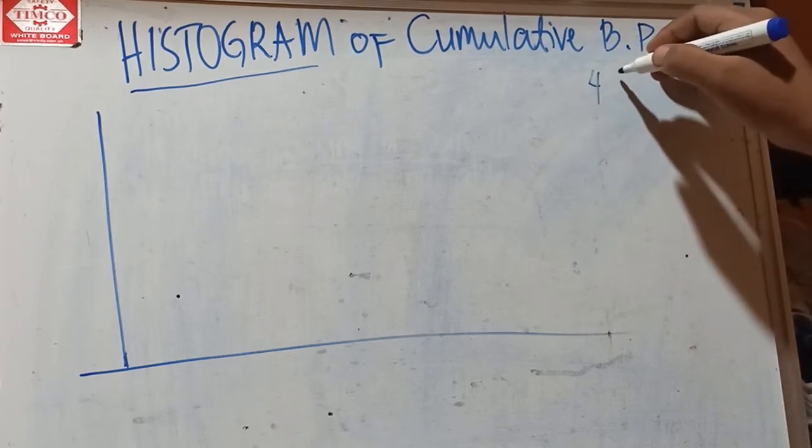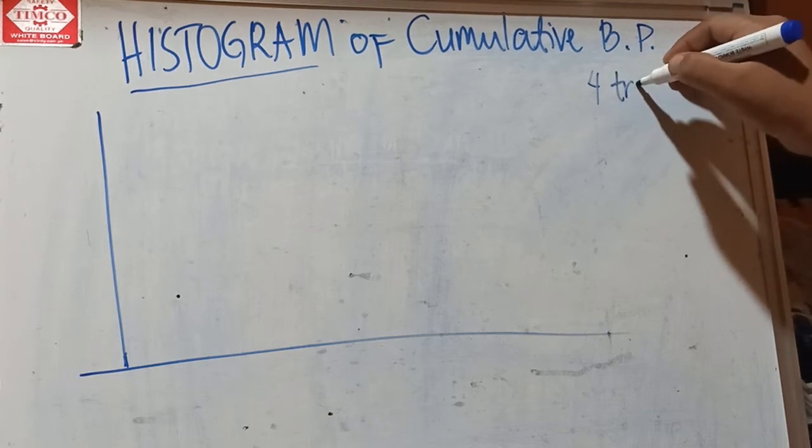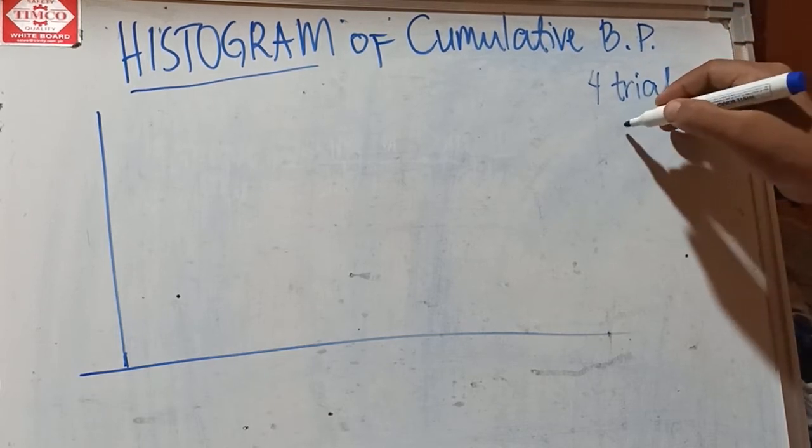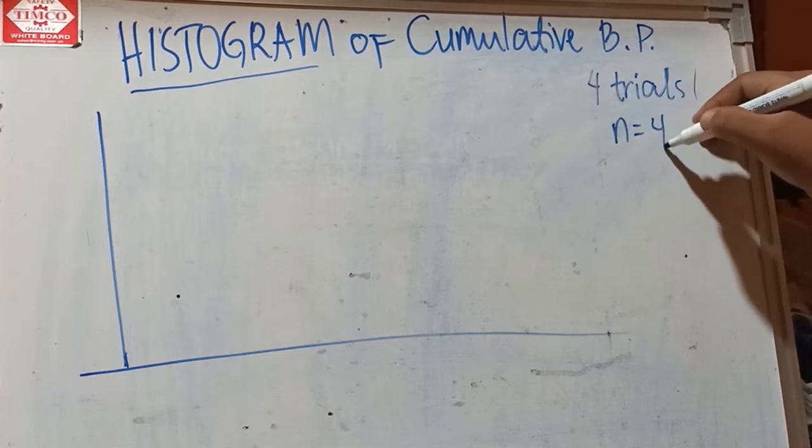4 trials. So meaning the n here is equal to 4.